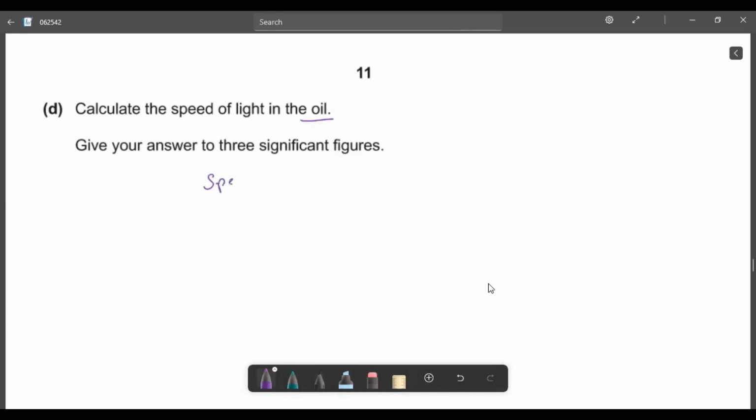Here, speed of light in a medium, here it is oil, will be equal to speed of light in vacuum or air by refractive index of the medium.